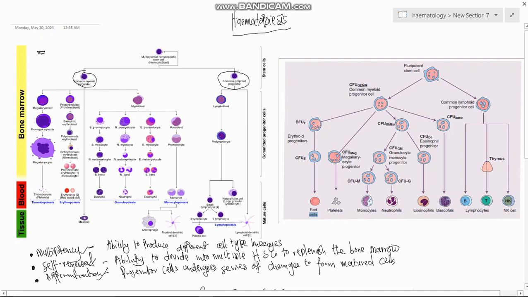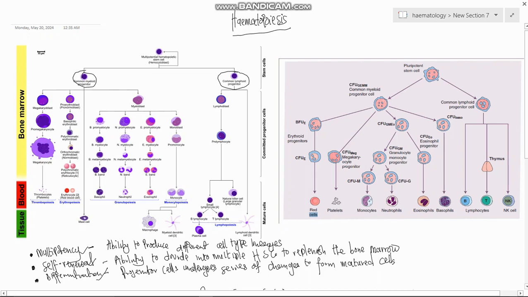So here, the myeloid progenitor also differentiates into other progenitors. So we have the erythroid progenitor, which further matures to form the red blood cells.